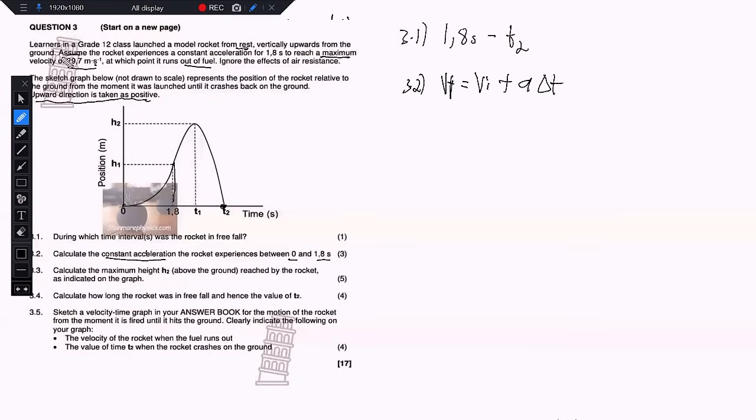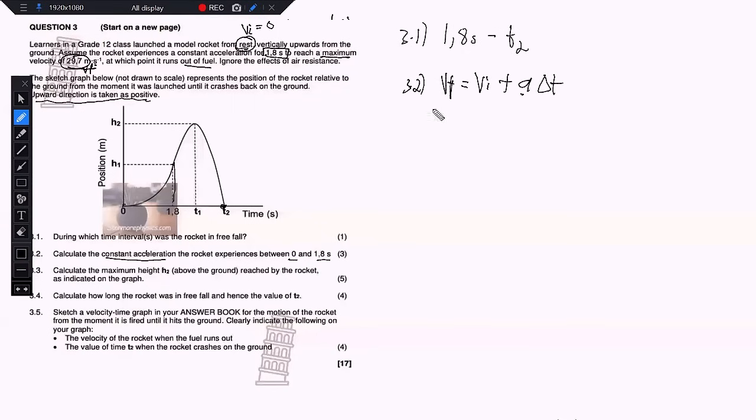So this would be our V final, but this model rocket was launched from rest, meaning the V initial is 0, right? And then for how many seconds? 1.8 seconds. So we have time, V final, V initial, and we are looking for acceleration. So this becomes the perfect formula.